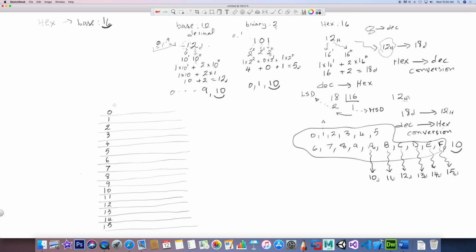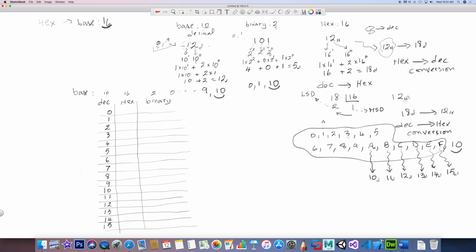So I'm going to draw a line here. And I'm going to write here, this is the decimal value. I want the hex value. And then once I'm done with the hex, I want the binary value. Okay, base 2. So this is base 10, base 16, and base 2. So these are the bases that we're focused on. So I'm going to draw a line here.